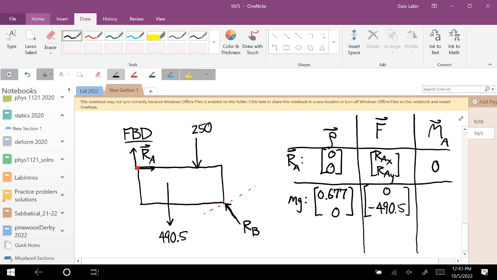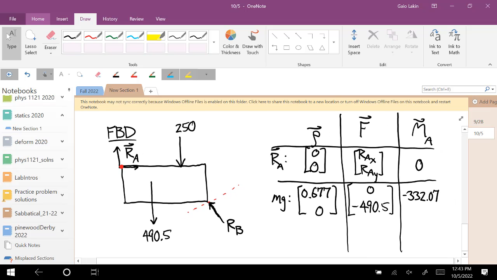Take that cross product and you get negative 332.07. Does it make sense that that moment produced by the weight force is negative? Yep, that's a clockwise moment.